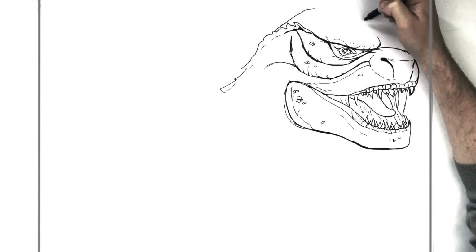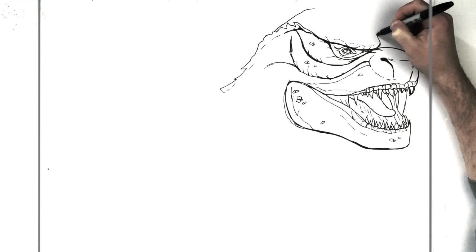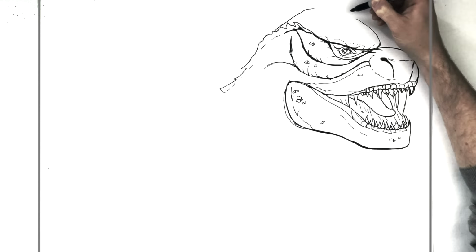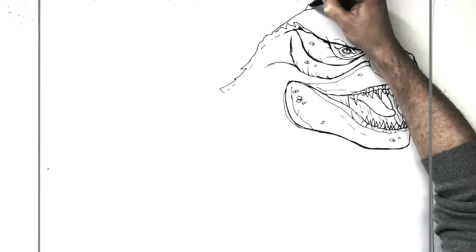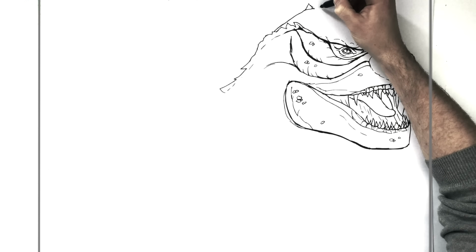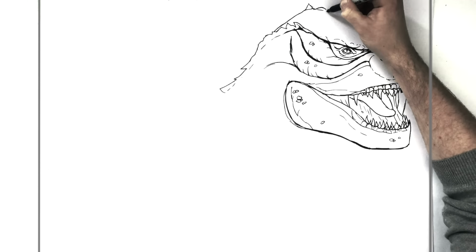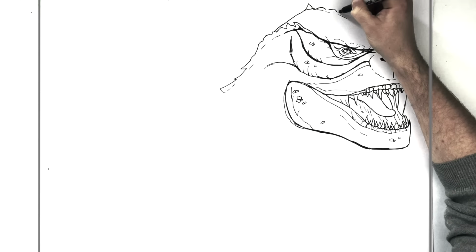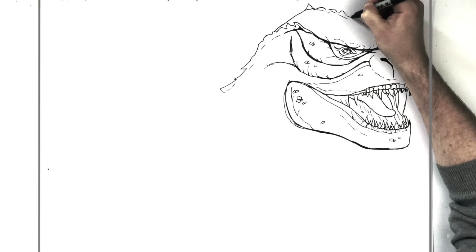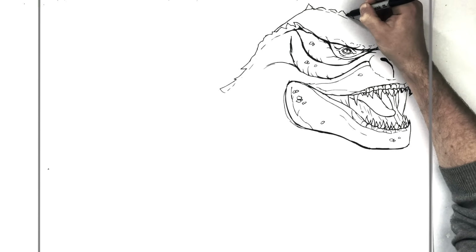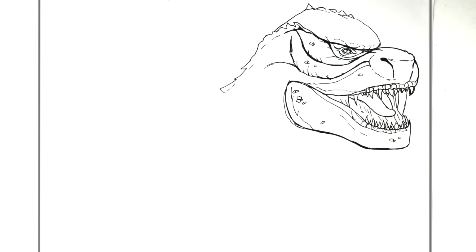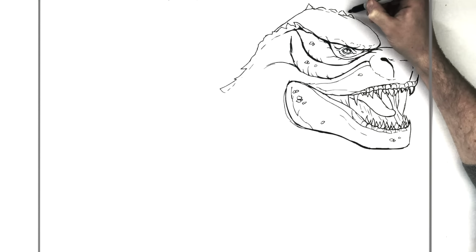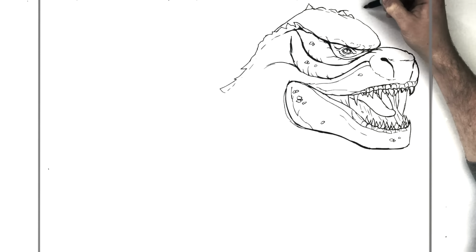And I think we do have some bumps or scales and things, like horns or bumps that go down the middle of his head. Something like that, right? And then the rest of his forehead will come out here.